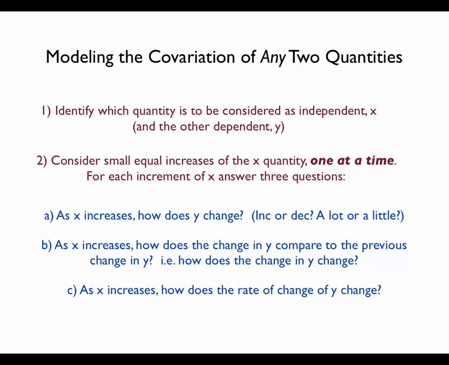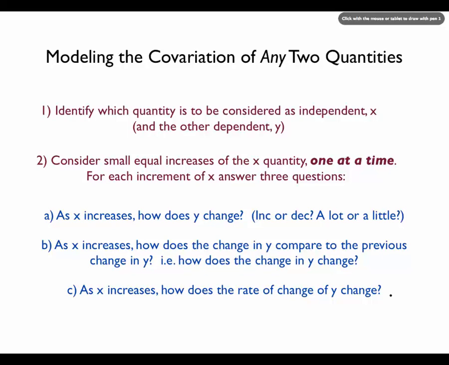Okay, so what I'm saying is these have the same answer, right? So if we're comparing changes in y with a consistent change in x, then the result about the rate of change is going to come right out of that.